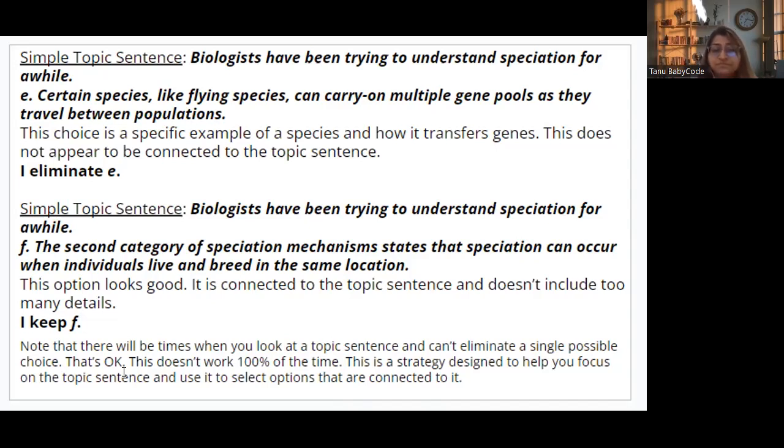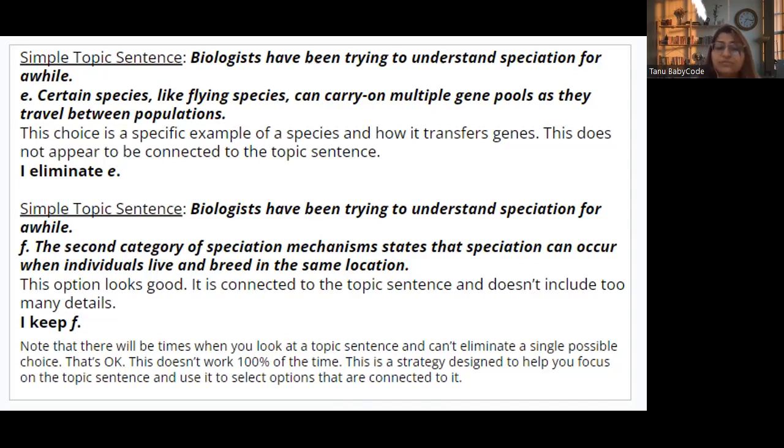Next one, F: the second category of speciation mechanisms states that speciation can occur when individuals live and breed in the same location. This one is connected to our topic statement and does not include many details, and yes, it talks about the speciation mechanism.